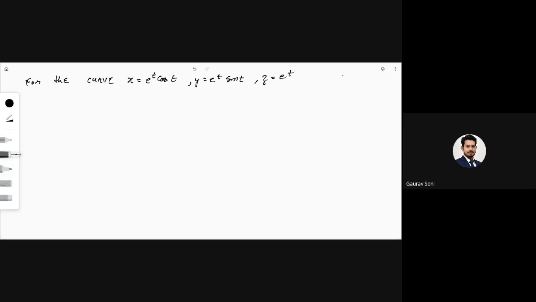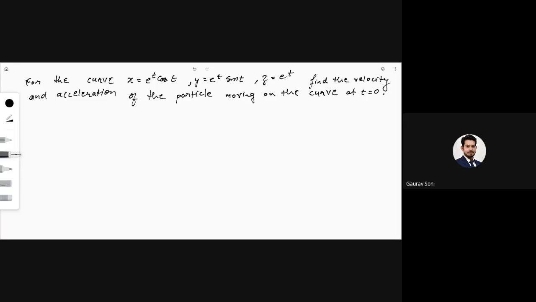Find the velocity and acceleration of the particle moving on the curve at t is equal to 0.